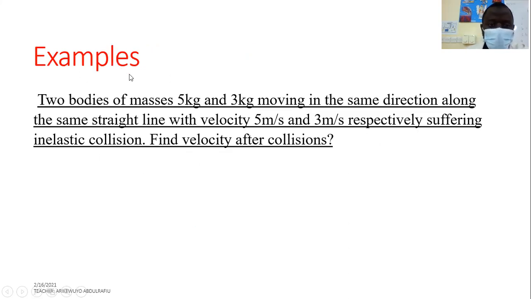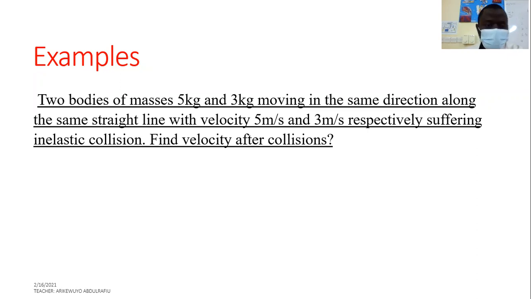Two bodies of masses 5 kg and 3 kg moving in the same direction along the same straight line with velocity of 5 meters per second and 3 meters per second respectively, suffering inelastic collision. Find the final velocity after collision. So inelastic means that after the collision, they will move with one velocity.